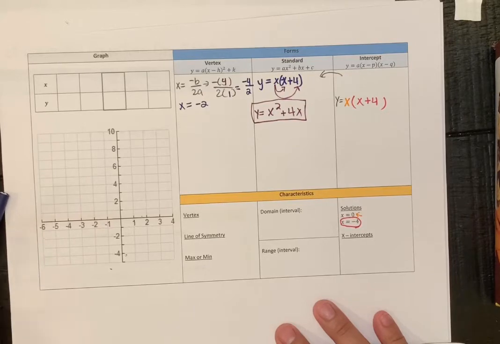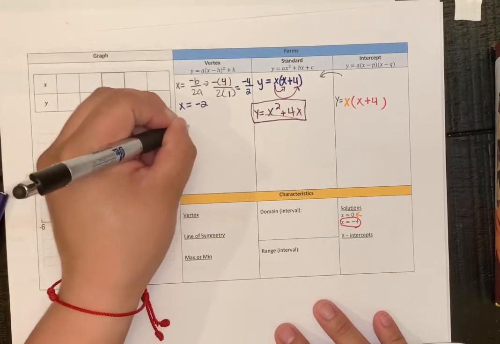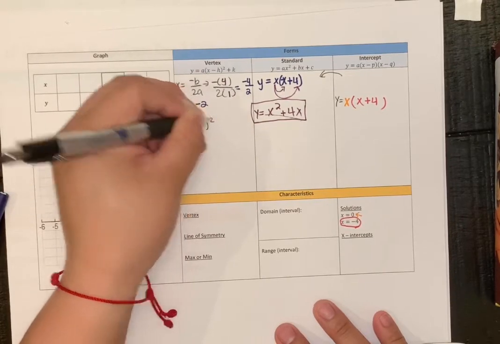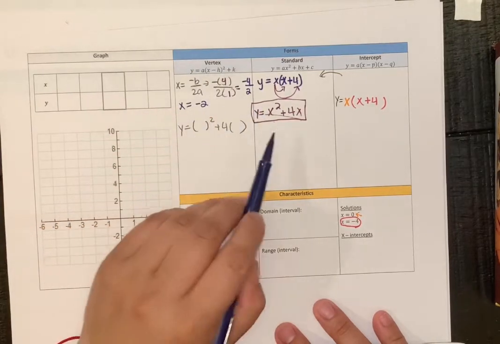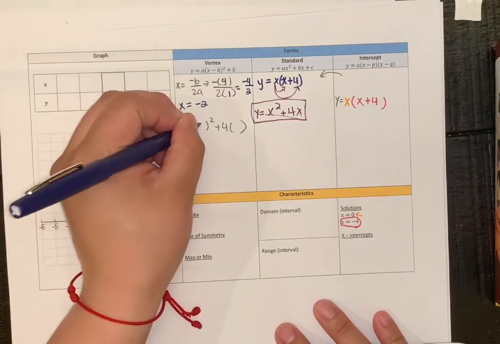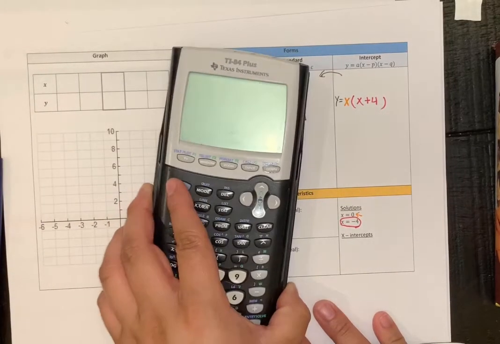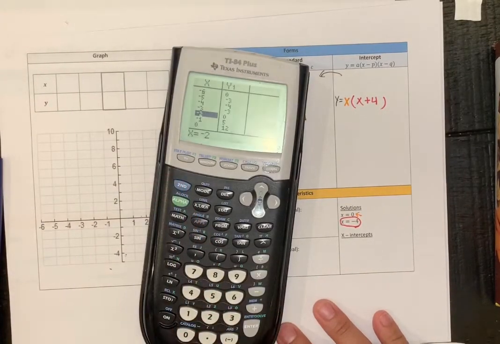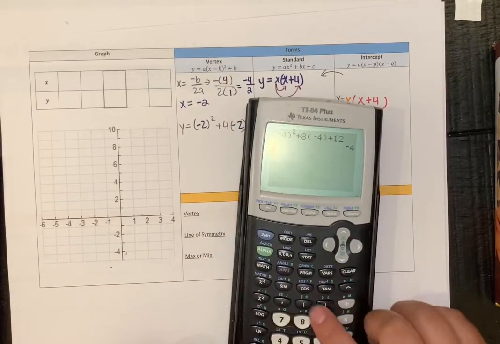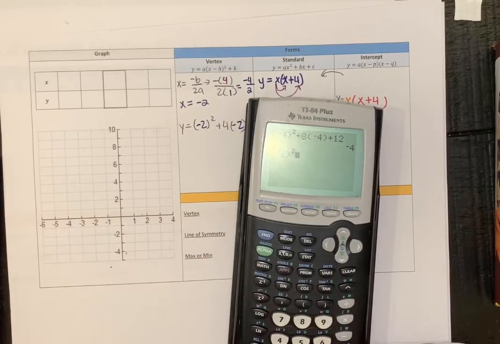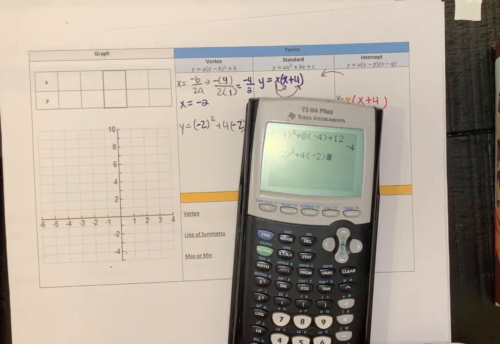I can go back and use this and find my y. So I have x squared plus 4x. I'm going to replace my x's with that negative 2. If I'm going to bring back my calculator, I have negative 2 squared plus 4 times negative 2.